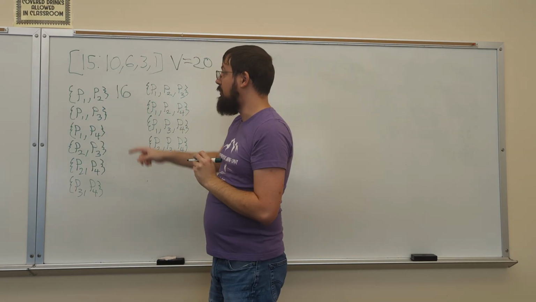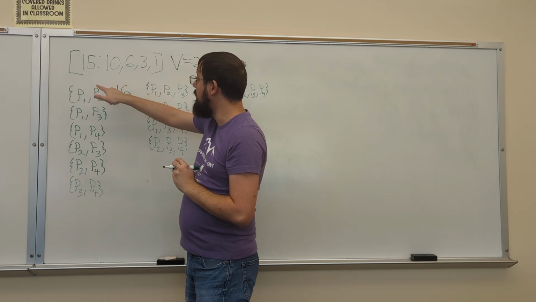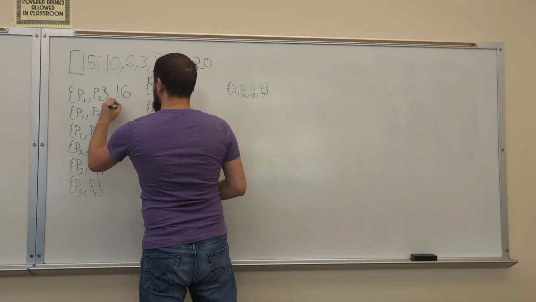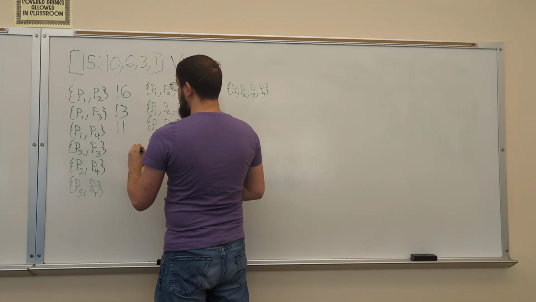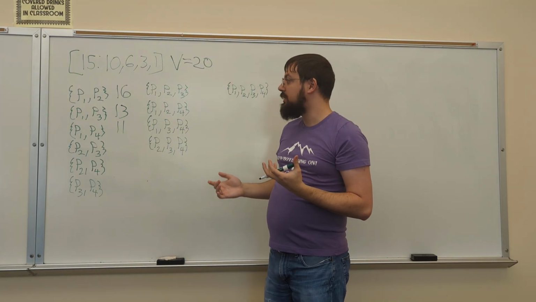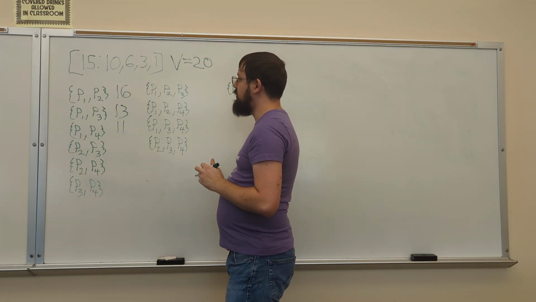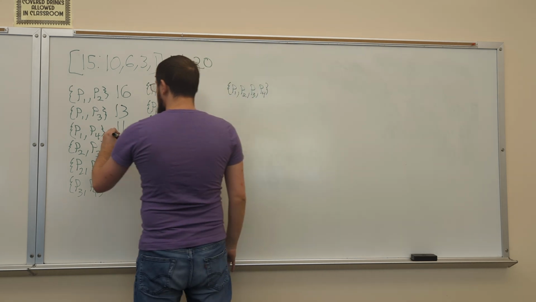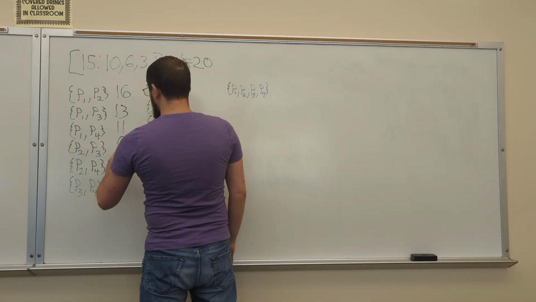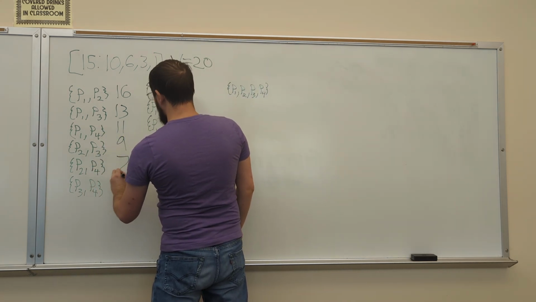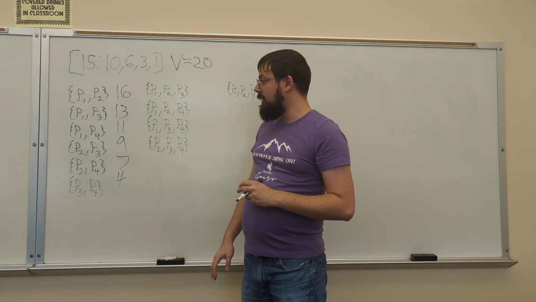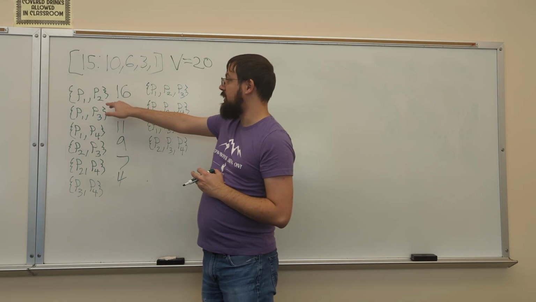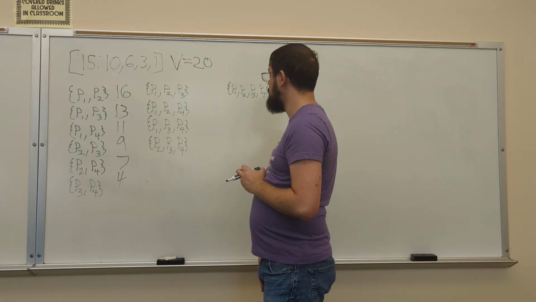So this is a winning coalition because we're more than our quota. 1 and 3, 13 votes, not a winning coalition. 1 and 4, 11, also not a winning coalition. 2, 3, 9 votes. 2, 4, 7. 3, 4, 4. So of the 2-player coalitions, the only one that's a winning coalition is this first one, 1 and 2.